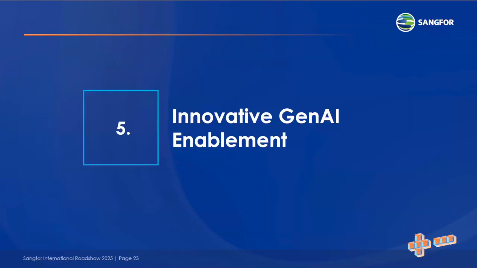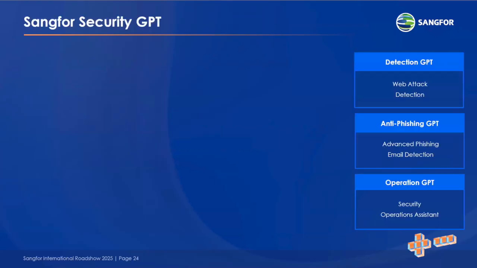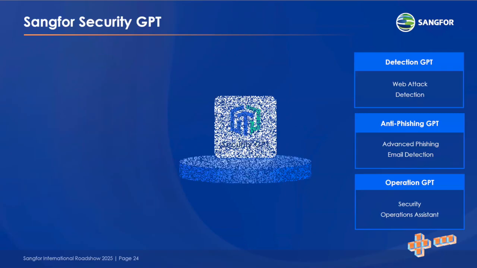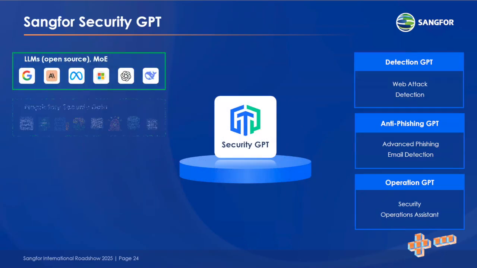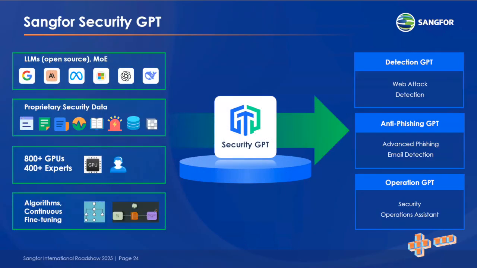Okay. And the fifth point is about generative AI. This one is very technical, but I will try to make it very simple for you. So, AI security: there are two different subjects, but we have AI experts and we have security experts.